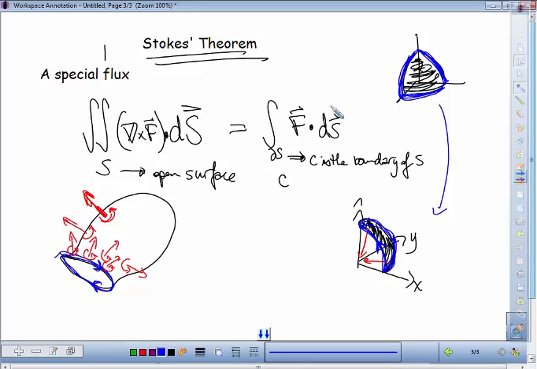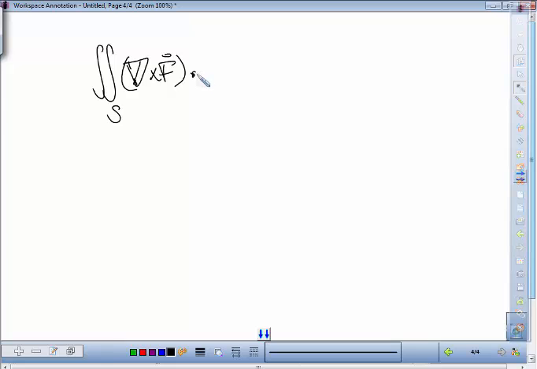Now the next general idea of Stokes' theorem is that if this is true, let me rewrite Stokes' theorem on another page over here. It's just a single integral over the boundary of the surface.